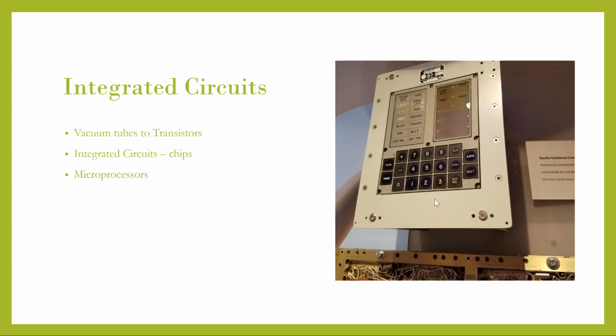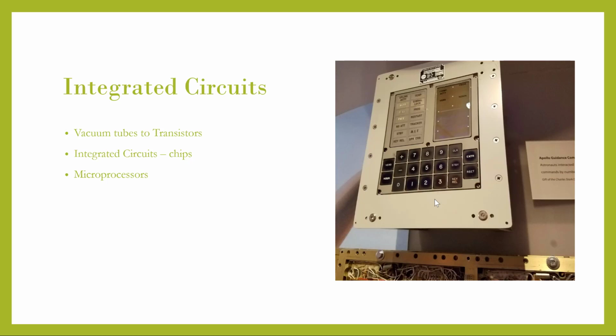So integrated circuits came in after transistors. We talked about vacuum tubes before that, which were being used for the ENIAC, where they'd get hot and were kind of unreliable. And transistors were not that. They were much more reliable, less warm, and faster.